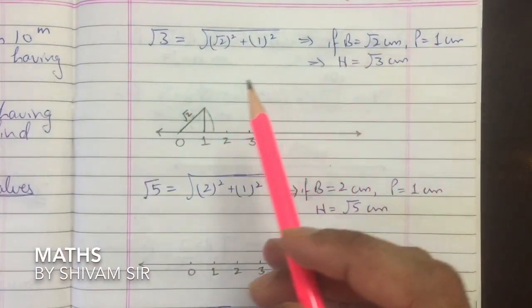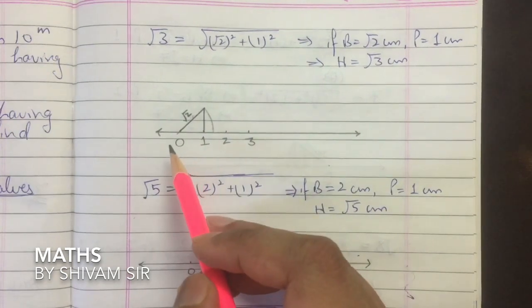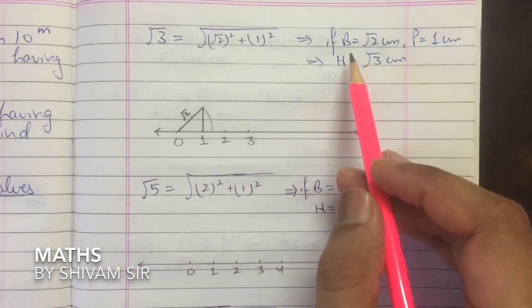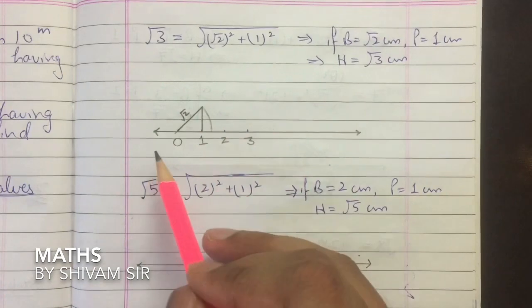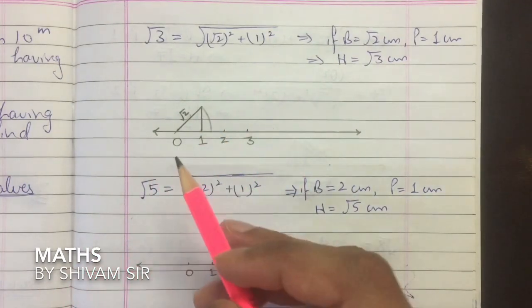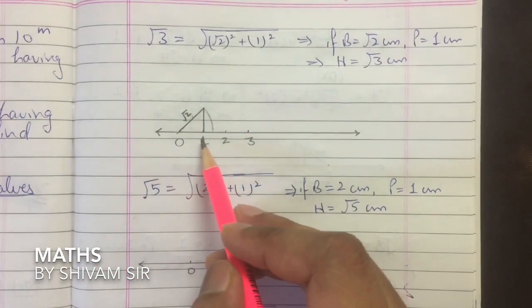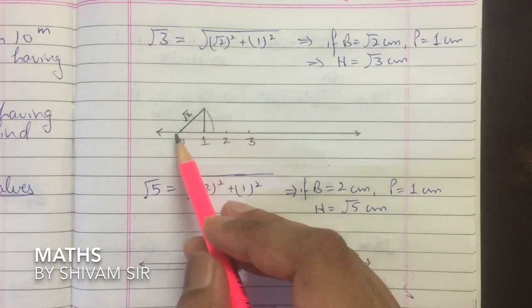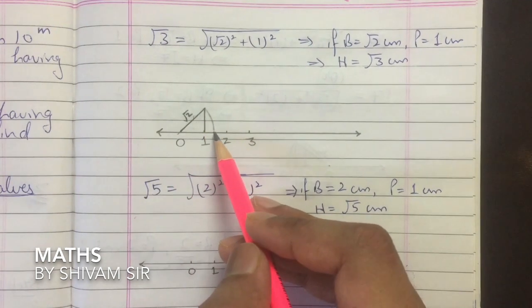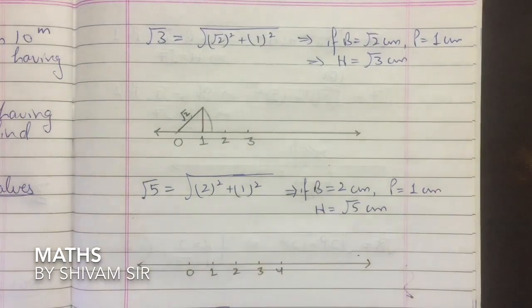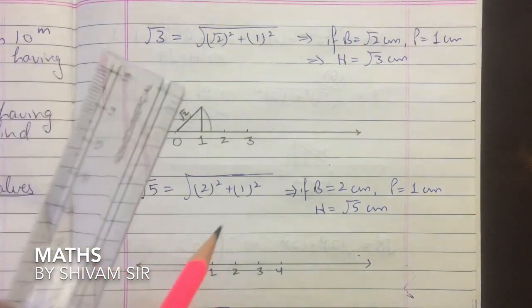So here I have first drawn root 2. In order to take base root 2, just draw root 2 as we have learnt before. Take the base of 1 unit, perpendicular 1 unit, the hypotenuse will be of root 2. So this distance is root 2. On root 2, just draw 1 unit perpendicular.